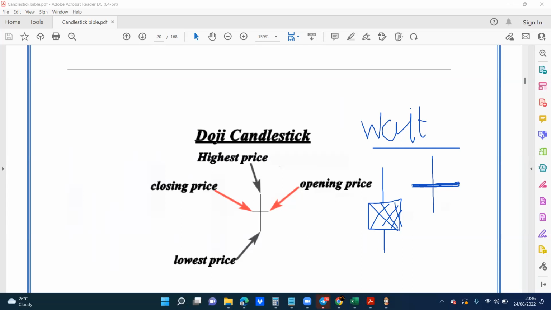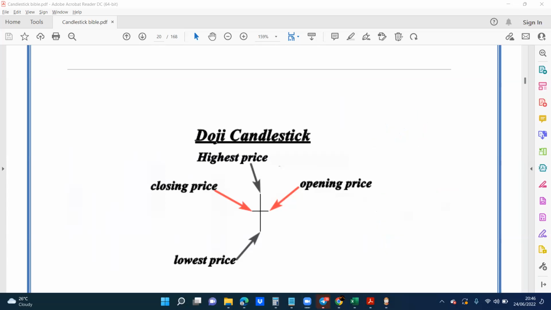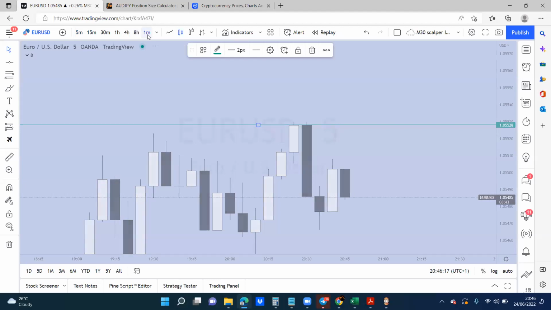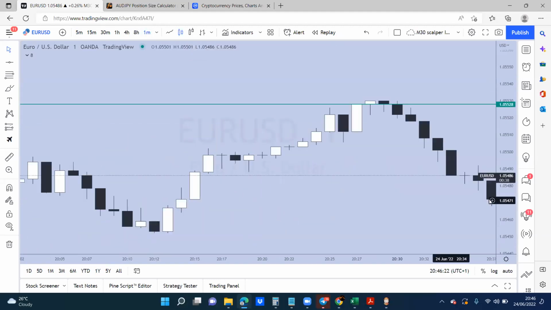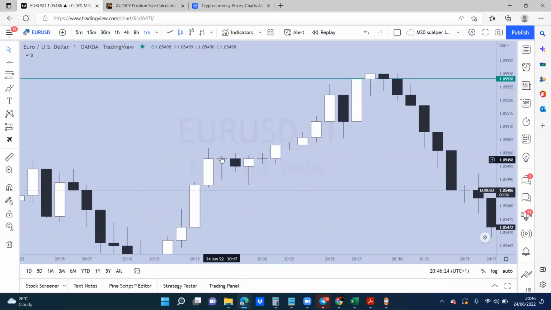So a doji candlestick pattern is an indication that price is at a stalemate and you should wait. We saw an example when we were looking at the 1 minute time frame, right? We saw this candle here, which was basically a doji. So you could see a doji, a doji, a doji here.